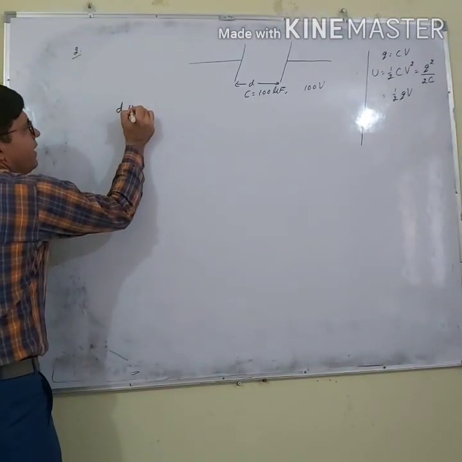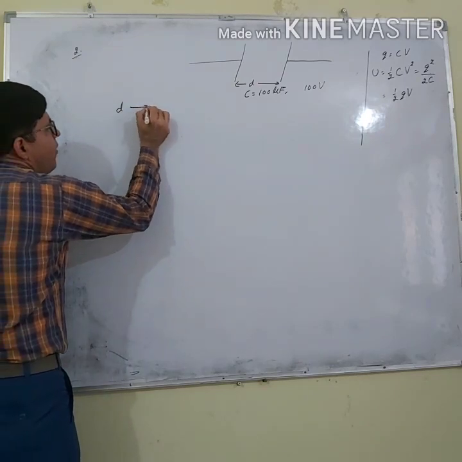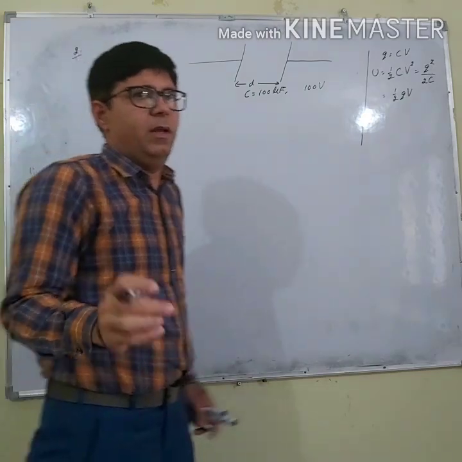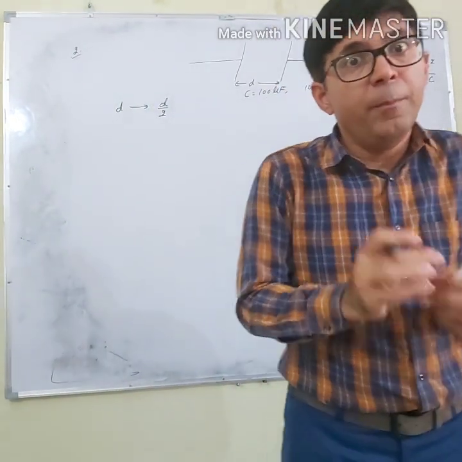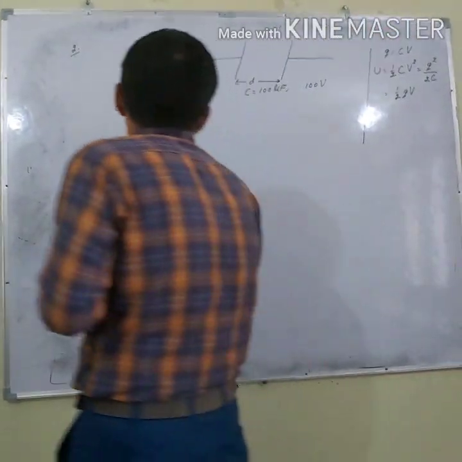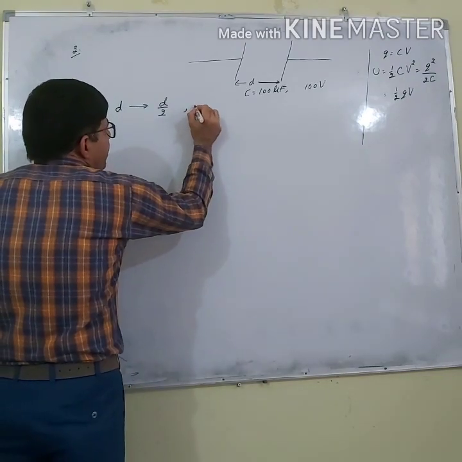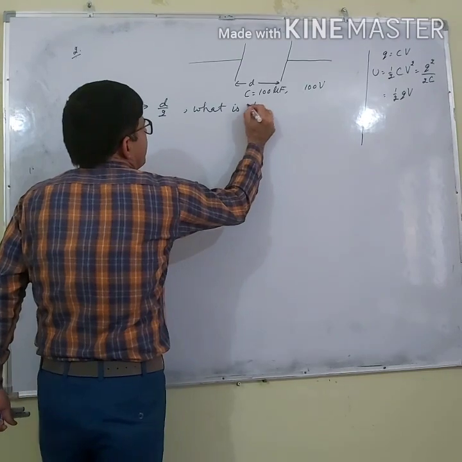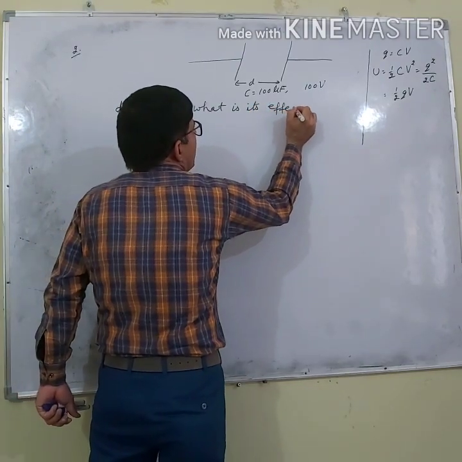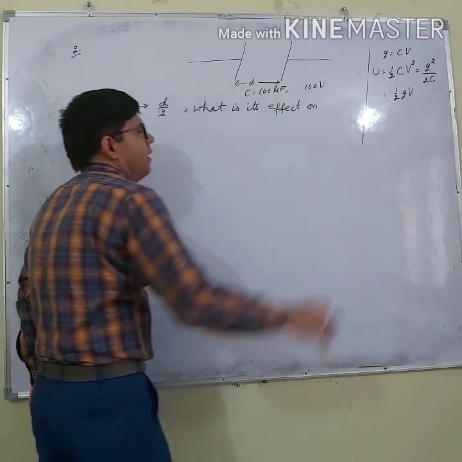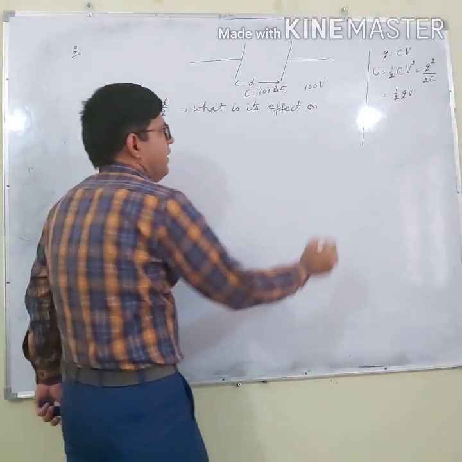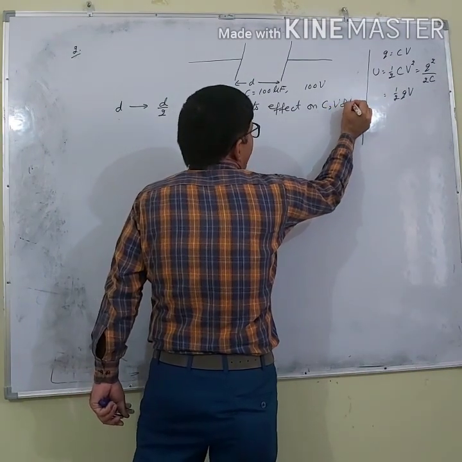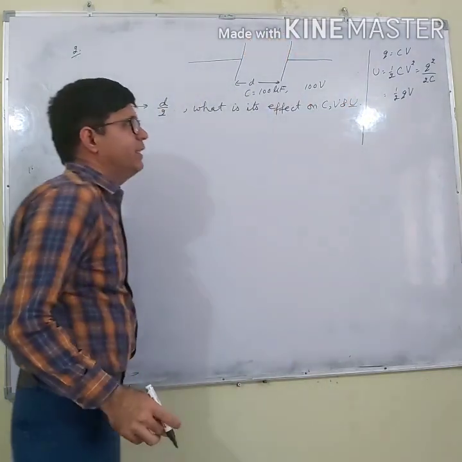If D is made half, what is its effect on capacity, potential and potential energy?